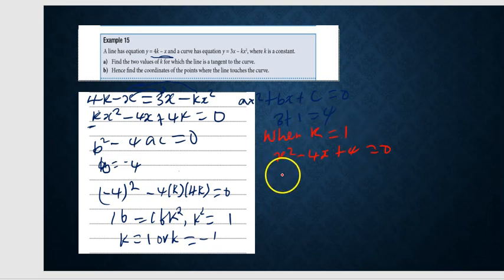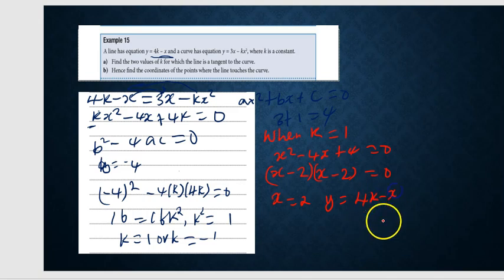Solved by factorization, we can have x minus 2, x minus 2, right? So this is equal to 0. So x will be equal to 2 when you solve, and y equals 4k minus x. So this becomes 4 minus 2, which is equal to 2.